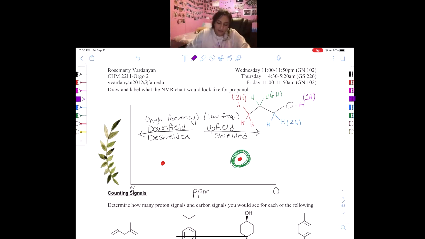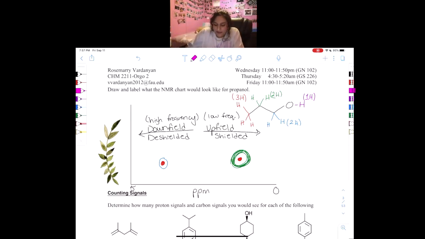The other one has very little electron density around it, very little protection. The one that has the most density, we're going to kind of use the words density and shield synonymously. So the electron density is the shield that's protecting this molecule.